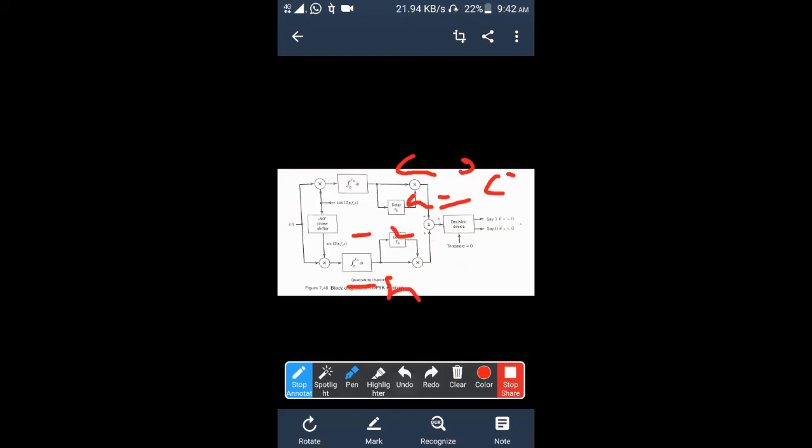Incoming signal is also minus sin theta. Minus into minus, plus sin square theta. So sin square theta is positive, cos square theta is positive. At this point they are added up. Cos square theta plus sin square theta is going to be 1. Number 1 is a positive number.